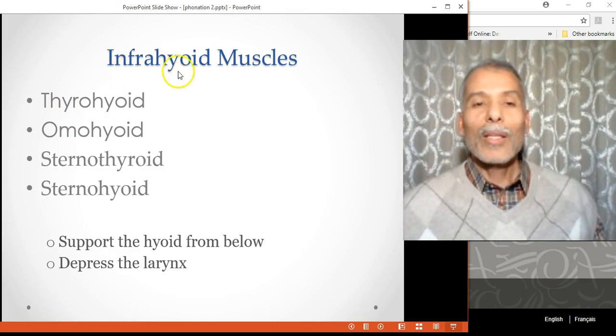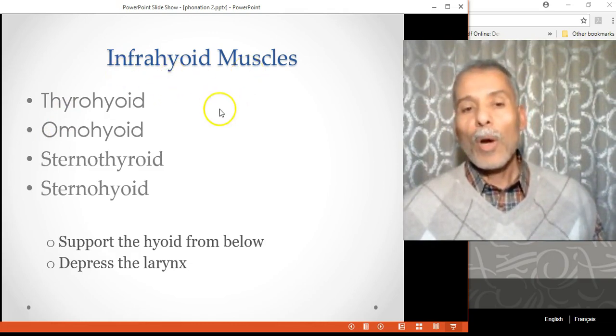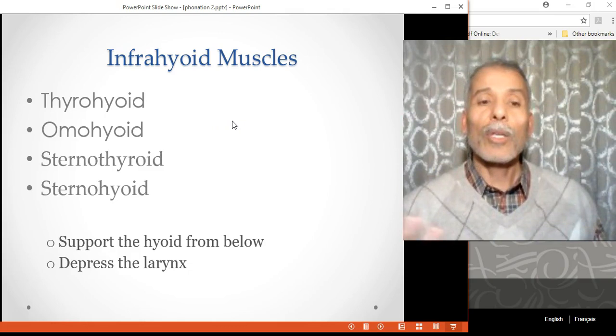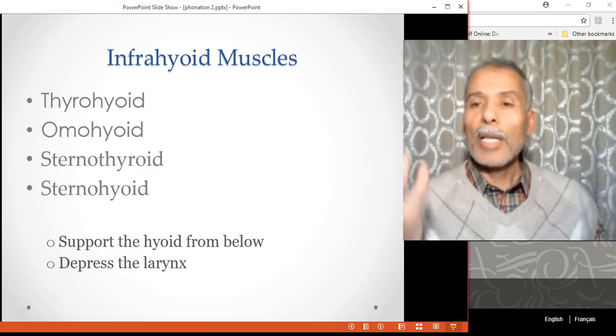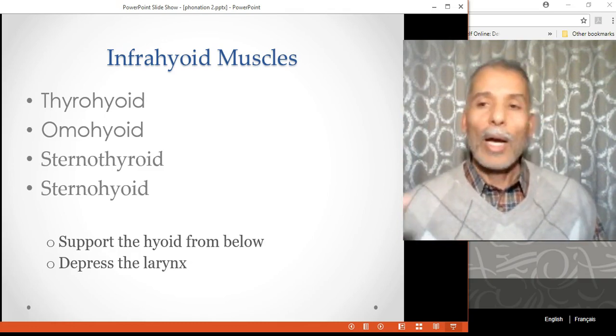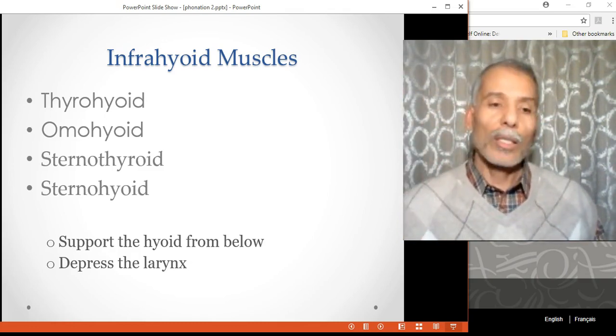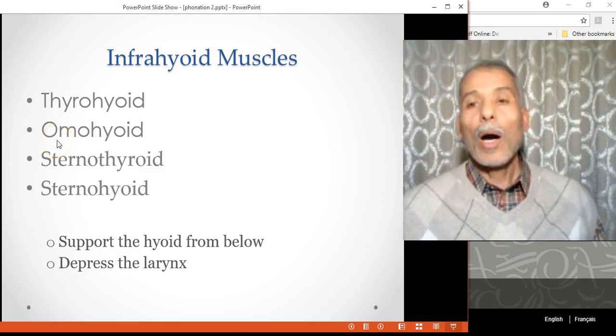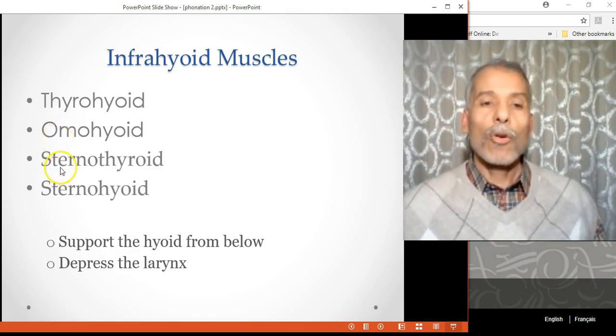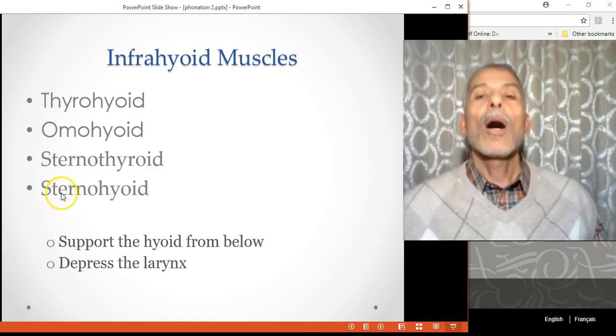So the infrahyoid muscles, all of them, again, are extrinsic laryngeal muscles, and they have their origin beneath the hyoid bone, and their work is to depress the larynx. And the first one is the thyrohyoid, and then the omohyoid, sternothyroid, and then the sternohyoid.